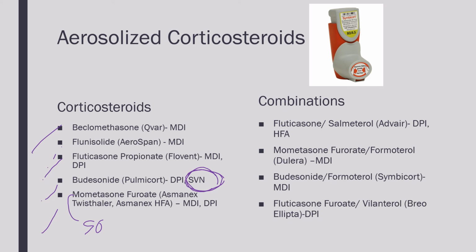The other thing about that small volume nebulizer, when Pulmicort is given, it's usually given in what's called a PARI-neb. If you want to Google image it real quick while you're listening to this, a PARI-neb. The PARI-neb is designed to nebulize very, very small MMADs. So it's designed to nebulize at a smaller MMAD than a regular small volume nebulizer.